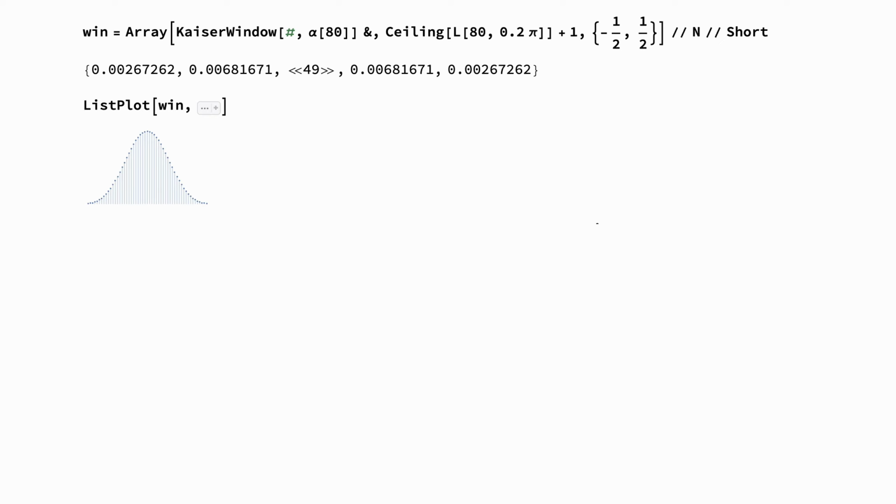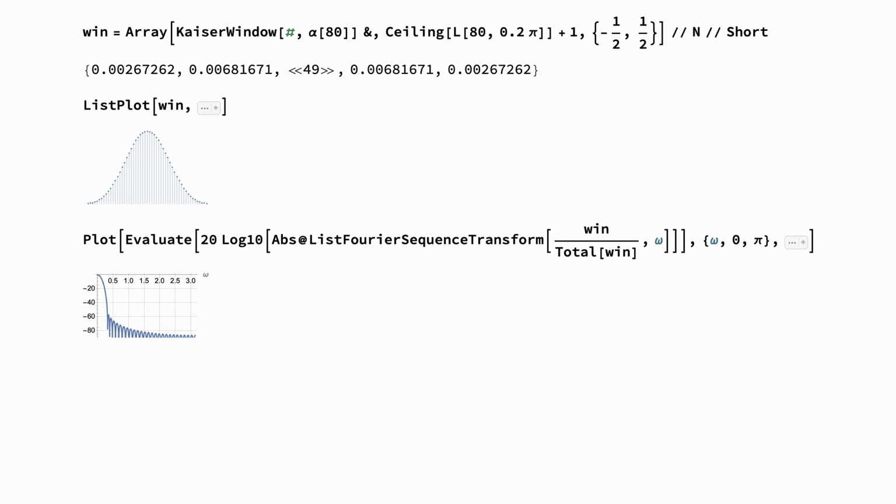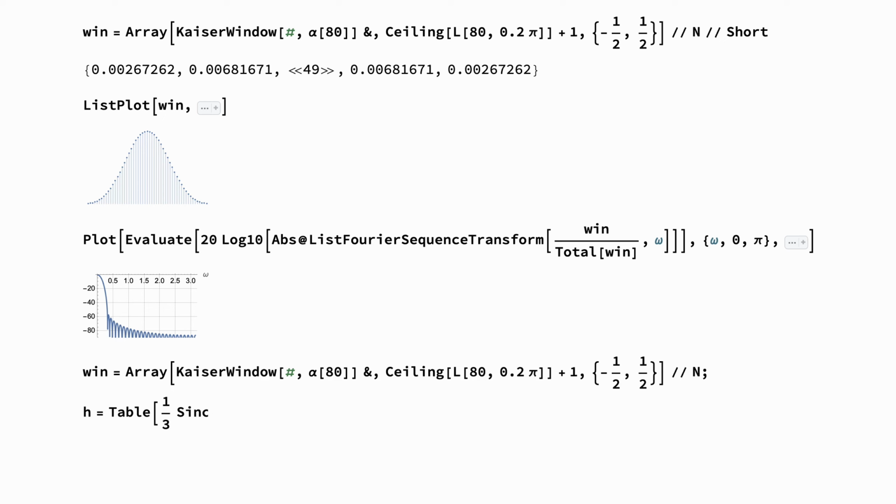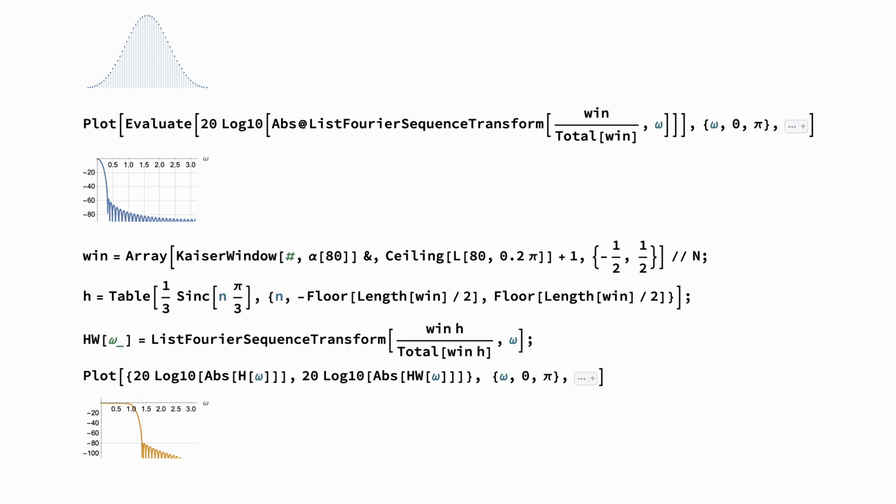We can also show the Kaiser window and the magnitude of the discrete-time Fourier transform of the Kaiser window. Now, if we apply the window to the unit sample response of an ideal low-pass filter with cutoff frequency omega c equal to pi over 3, the magnitude response of the resulting filter shown here meets the desired specification.